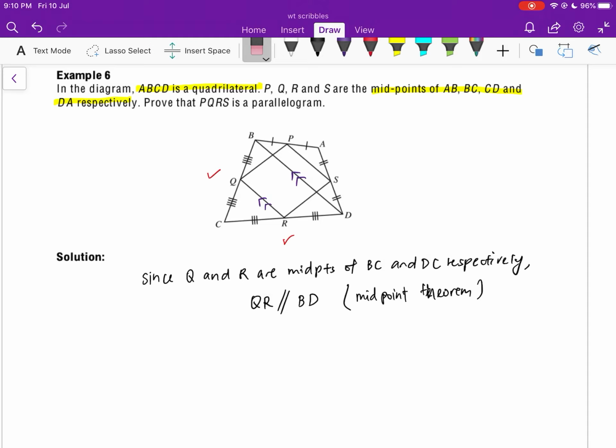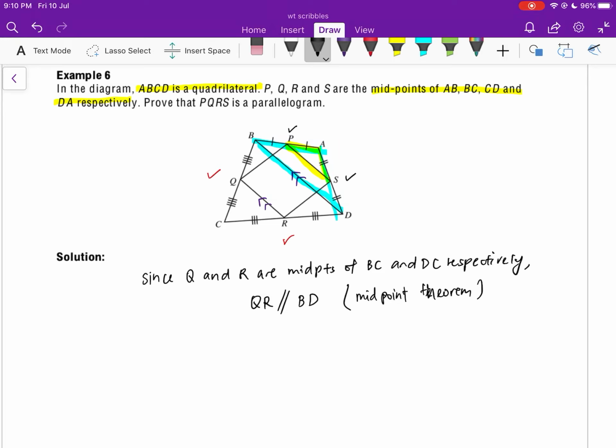Now next, what do I want you to take a look at? Now I need you to take a look at these two triangles. We are looking at APS and we are also looking at ABD. Same thing.